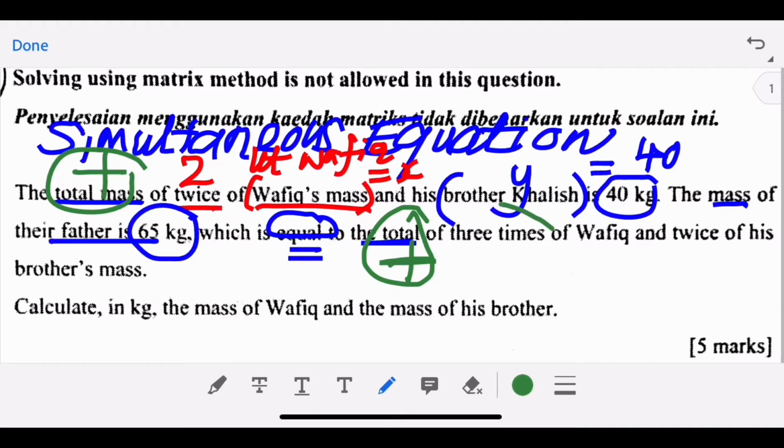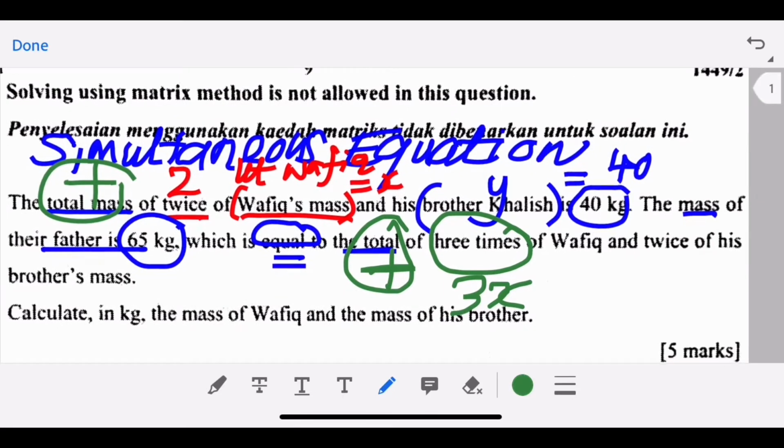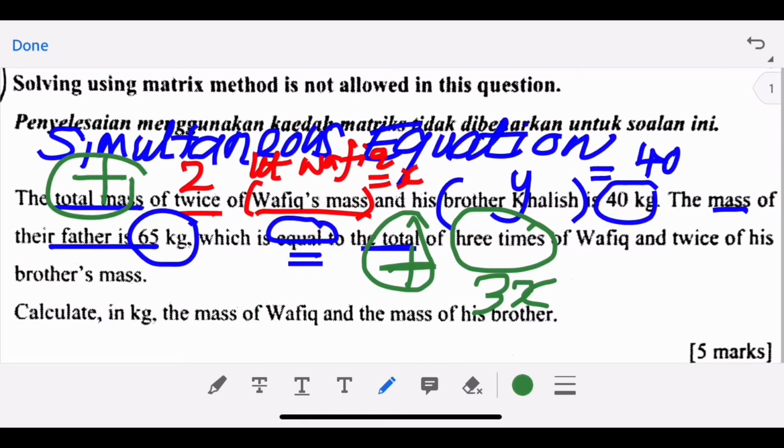Total is plus. 3 times is 3 multiply Wafid, and we defined the variable as x just now, right? So it will be 3x, and then twice will be 2, and brother we will use y, isn't it?